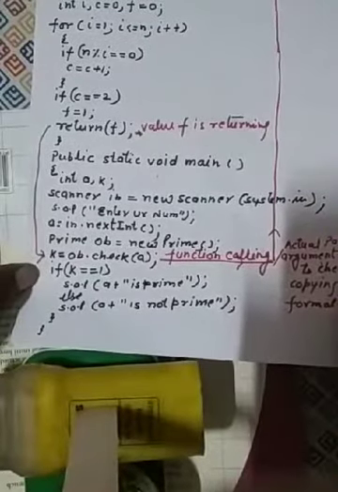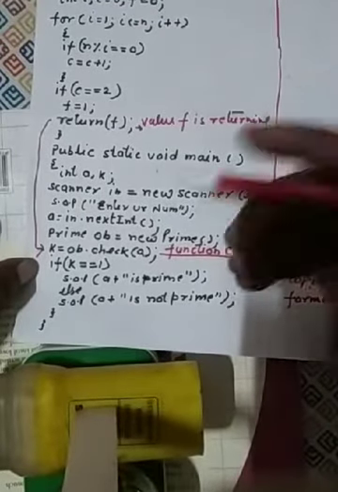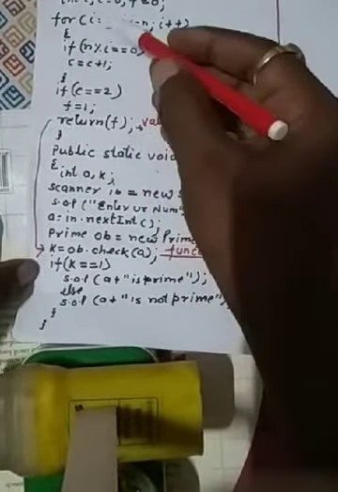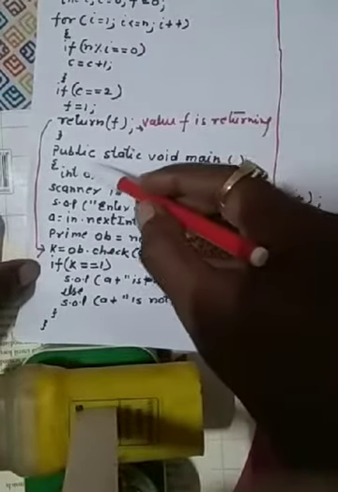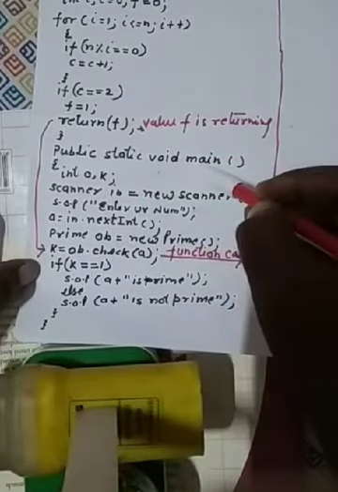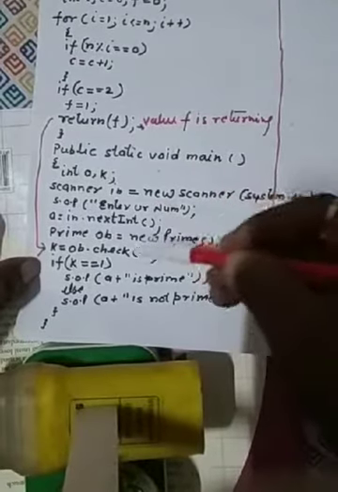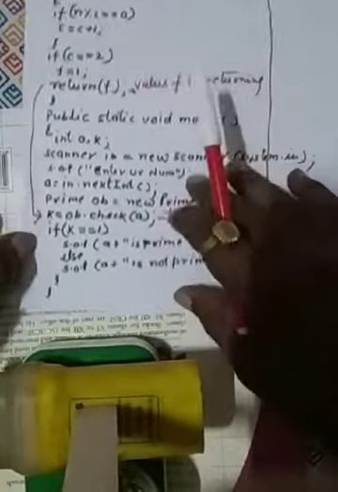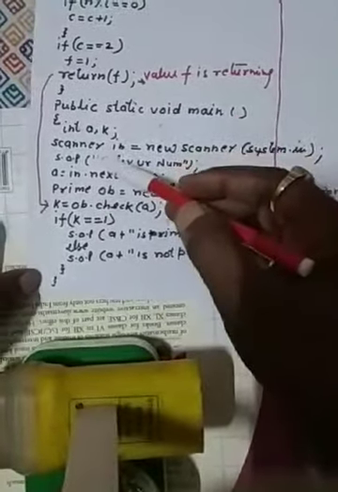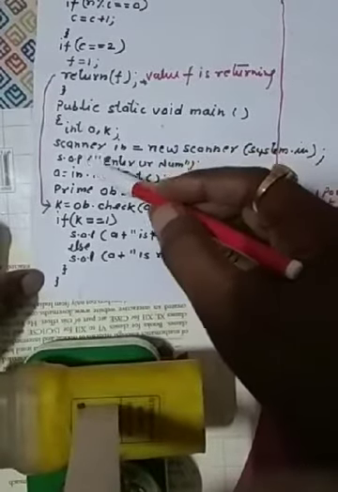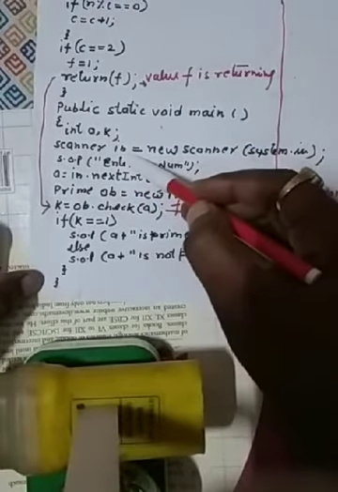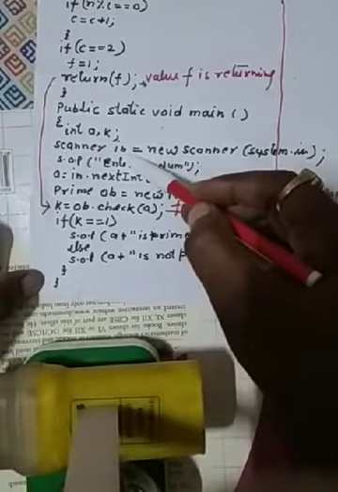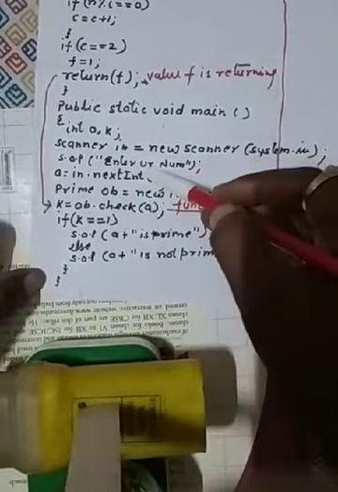Here we are discussing function calling. There is a function named check, and here is one main function. In this function we are calling the check function. For calling any function, first we have to create an object of the class, but we have to pass the value also.